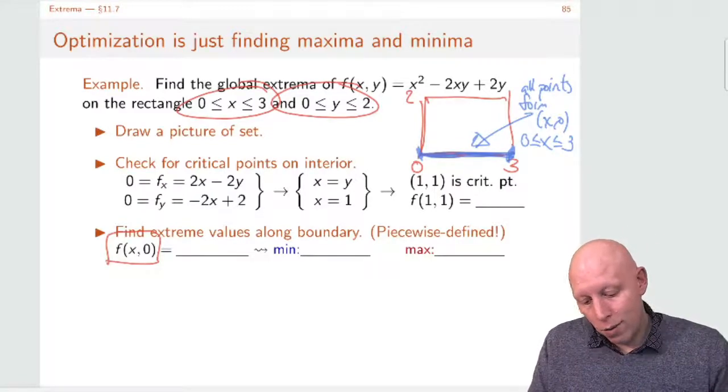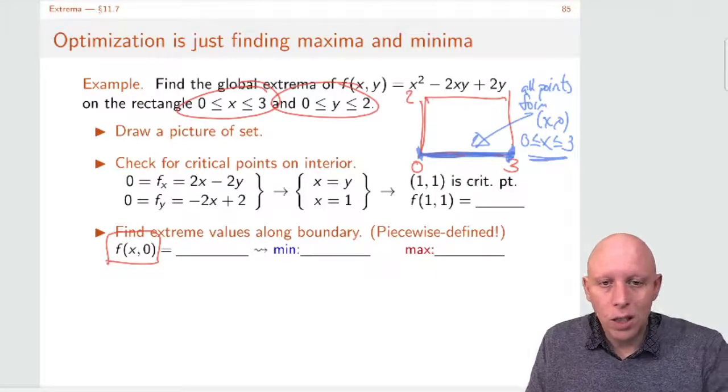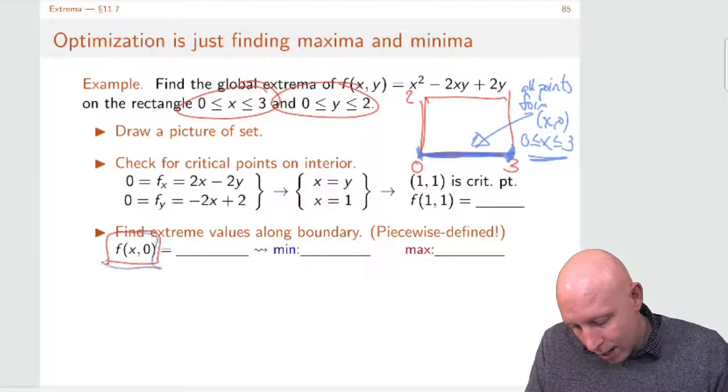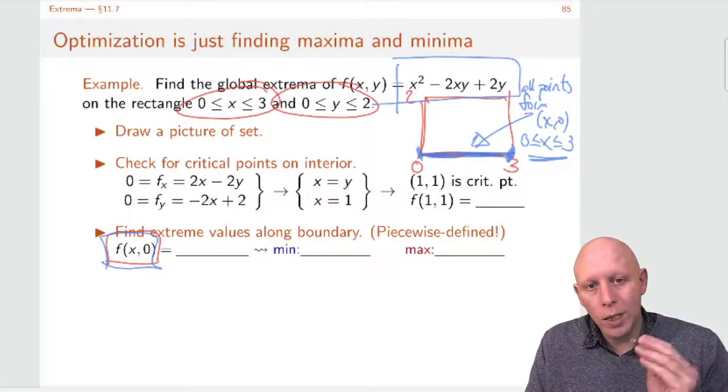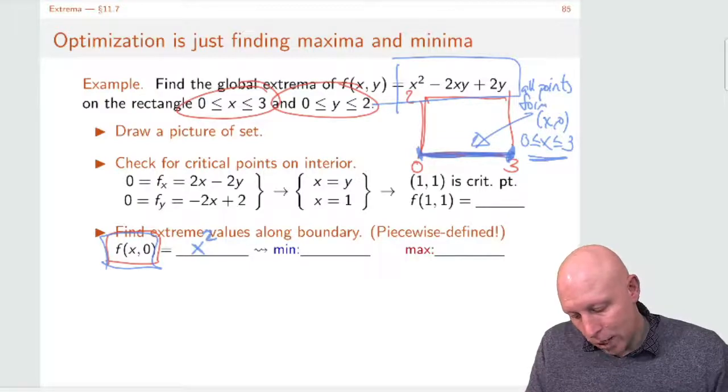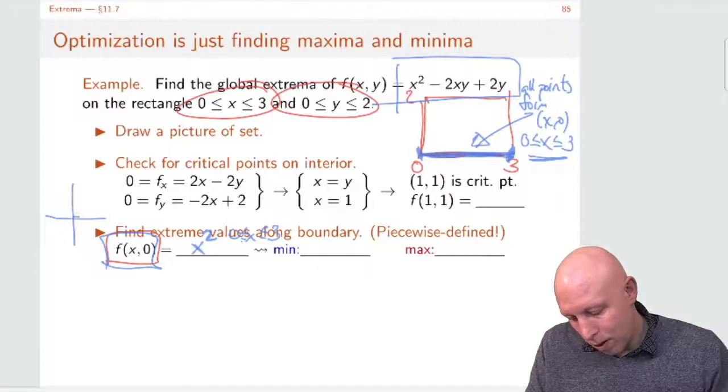But we have that this is our function, x goes from 0 to 3. So what is f(x, 0)? f(x, 0) is what happens when we plug in y equals 0, and we just get the function x squared, where x goes from 0 to 3. This is just a parabola, and we can use our understanding of parabolas.